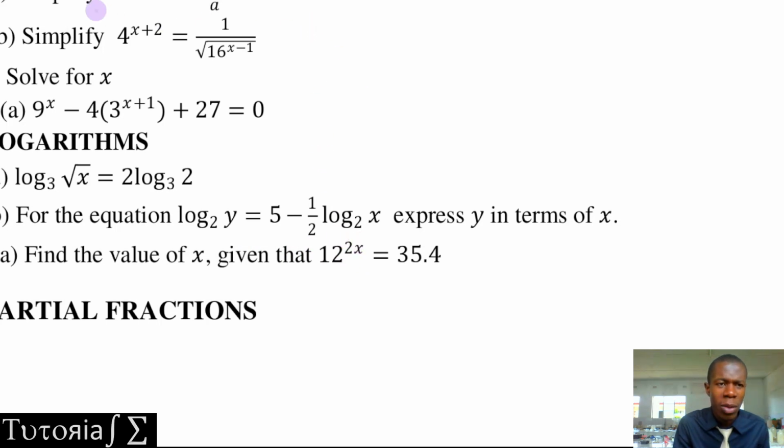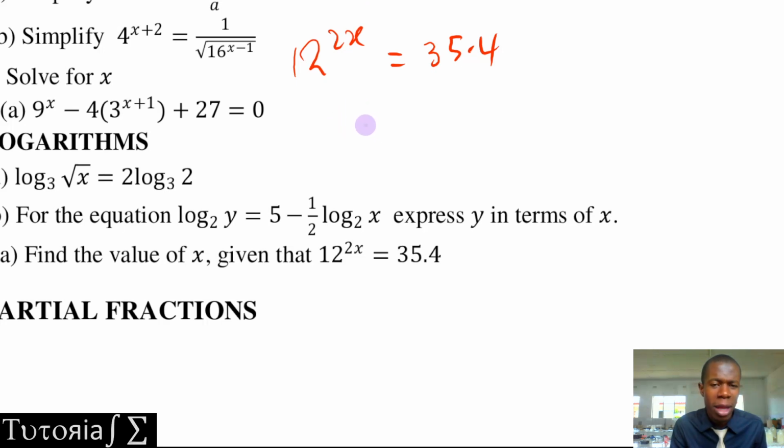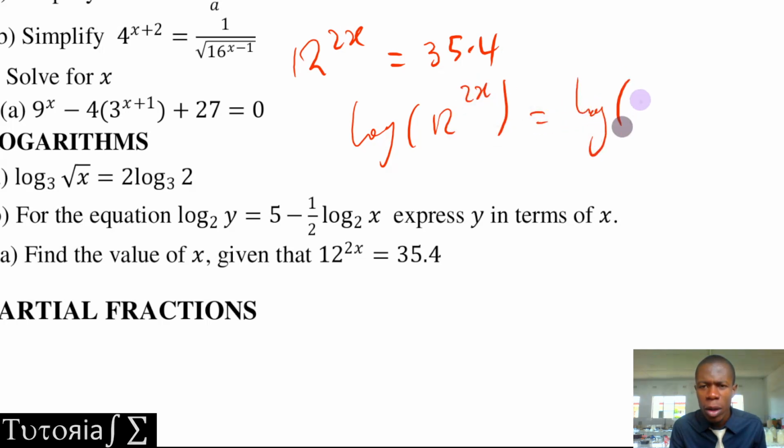So that is we have 12 to the power 2x equal to 35.4. So we can drop this x by introducing logs both sides. So remember that. So we have introduced log of 12 to the power 2x is equal to log of 35.4. Okay. And basically this will drop.